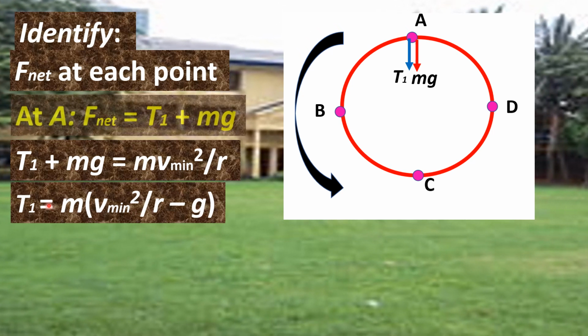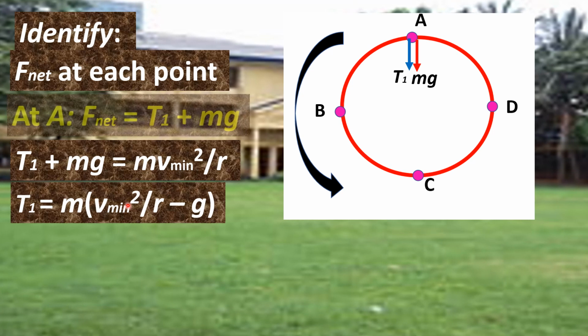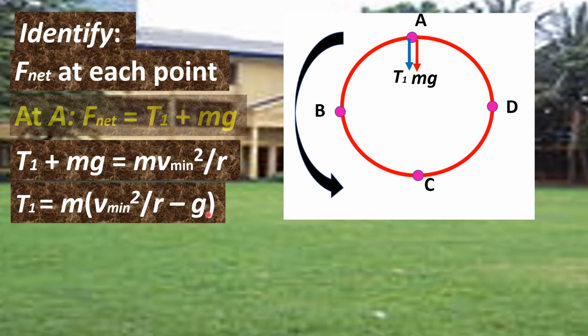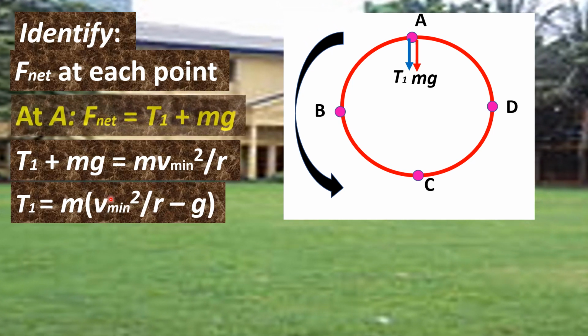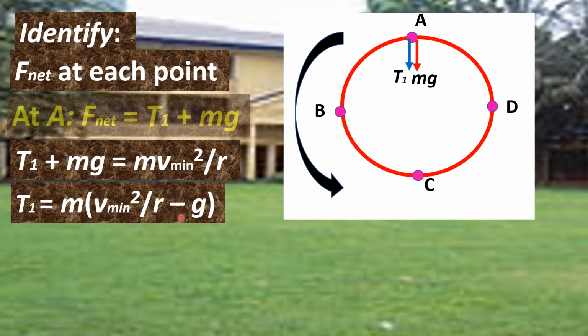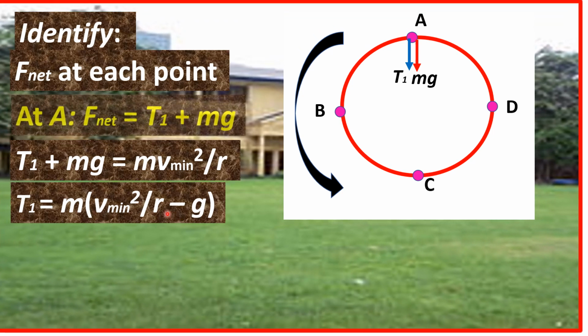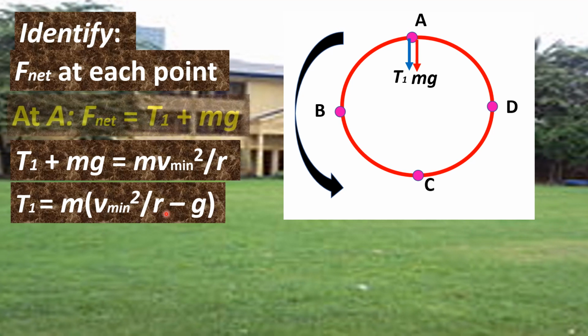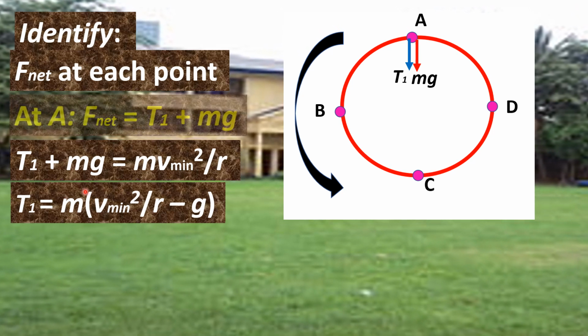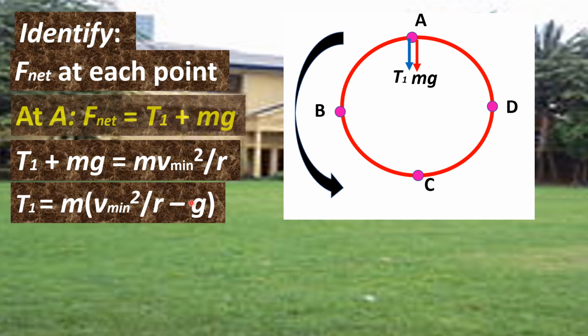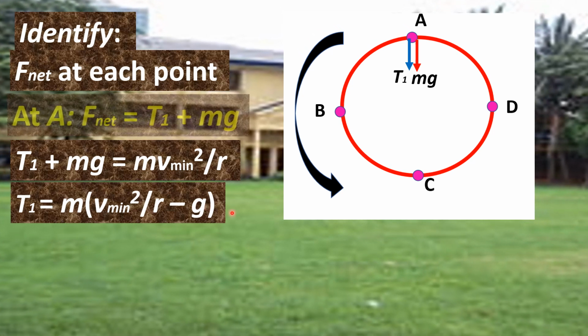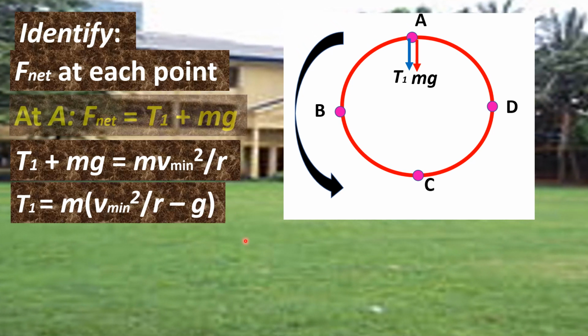So that actually means mv squared over r minus mg. We just factored out the mass m. So that is when the ball is at its topmost point, or point A.